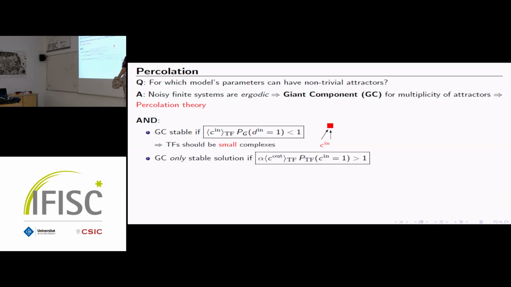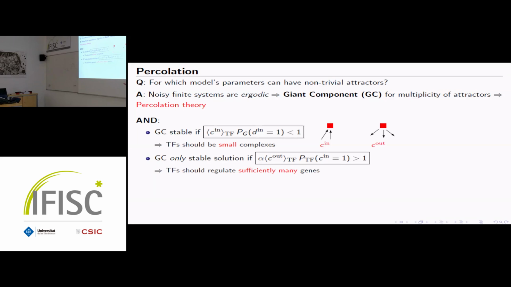Also, we see that this system has a bistability. For the same range of parameters, you may or may not have a giant component. For the giant component to be the only stable solution, another condition needs to be satisfied, which basically says that the average out-degree of a transcription factor has to be sufficiently large. The out-degree is the number of genes regulated by a transcription factor.